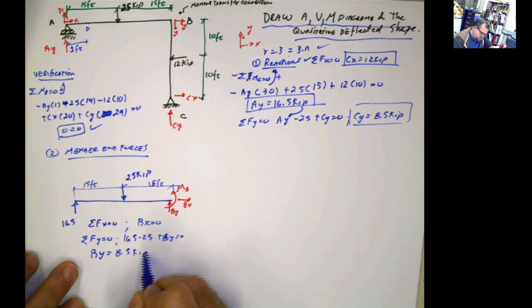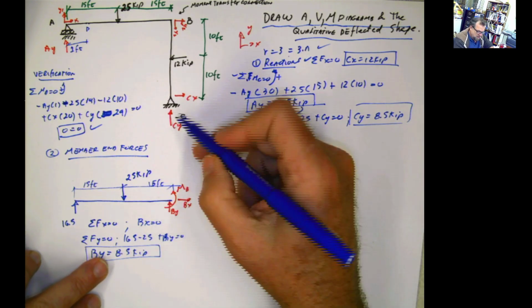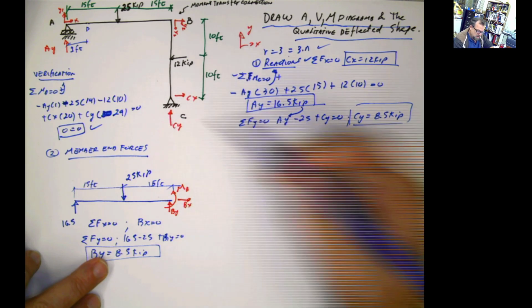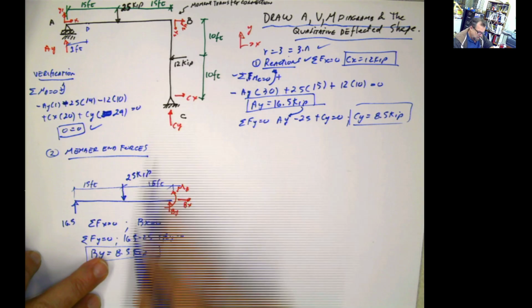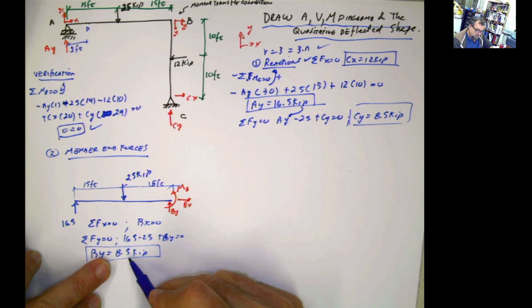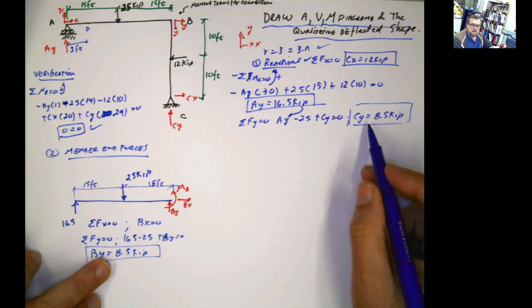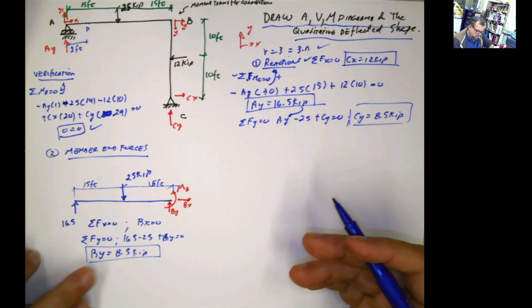By the way, start looking at these types of details. This makes complete sense. Why? Because look at this column here. This reaction is 8.5 and it's transmitted directly to that point, so that should be 8.5. If you get a different value here than this one, then you have to go back and verify. Intuition is telling you that. Common sense is telling you that. Learn how to use that part, please.